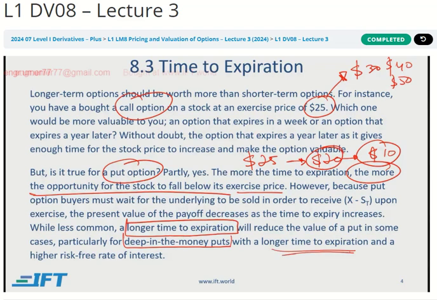A longer expiration time, especially if there is a high risk-free rate, is going to be painful for you, because your payoff is X minus S, and this will be divided by (1 plus r) to the power T minus t, and a higher risk-free rate and a longer time to expiration will overall reduce this value, which means your overall exercise value will be lower. Therefore, a high time to expiration can be inversely related to the value of a put option if it is deep in the money and there is a long time to expiration left and the interest rate is high.